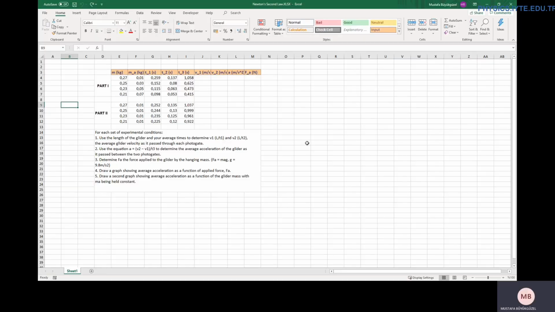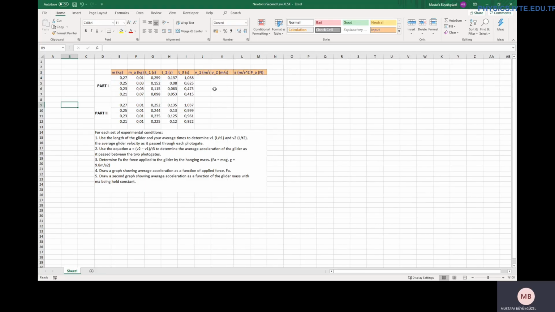Now that we have concluded our experiment, all that remains is to use our data to find our results and interpret those results. Here I have the data table that I've gathered from the experiment. This column is the mass of the glider. This column is the hanged mass.